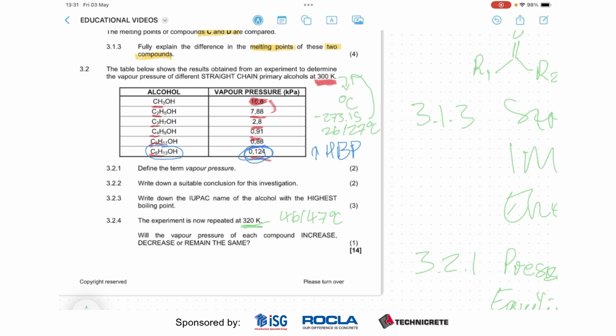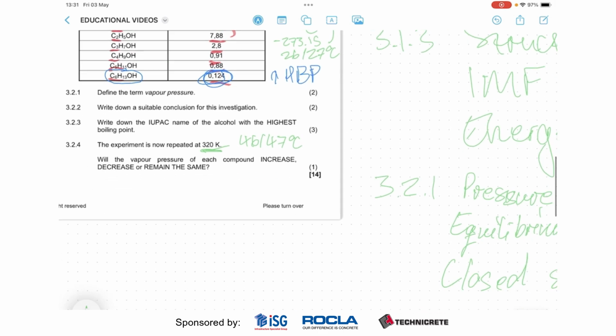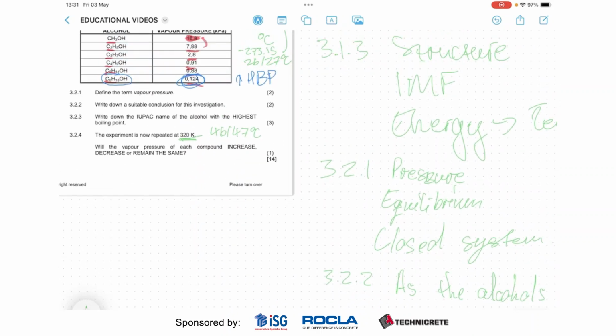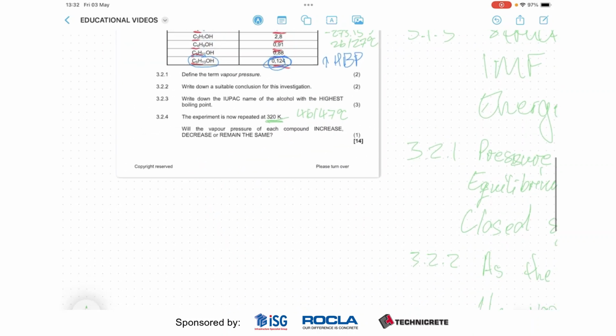Will the vapor pressure of each compound increase, decrease, or remain the same? Okay, they end with a tricky question. What you've got to realize here is that if we have our container and our alcohol, and there's a whole bunch of atoms that make up our alcohol, and then we have some vapor coming off here.